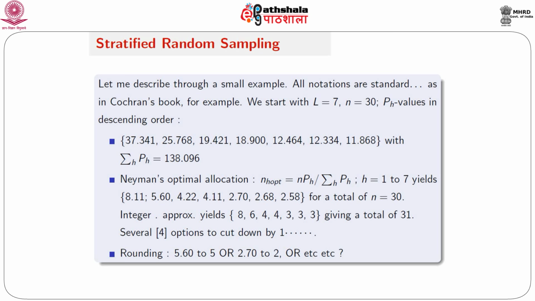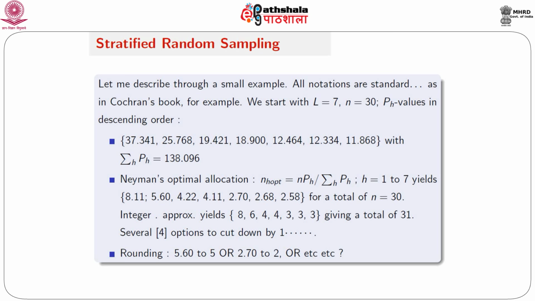I show the P_h values in descending order with some permutation of the stratum labels. The P_h values in descending order are 37.341, 25.768, etc. So, it is 37, 25, 19, 18, 12, 11, 11, etc. And the total is this. Neyman's optimal allocation, if I apply the formula, yields 8.11, 5.60, etc., and that gives a total of 30.